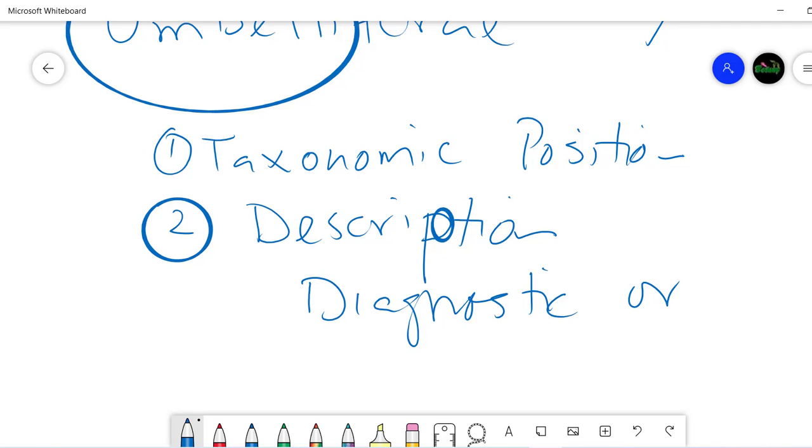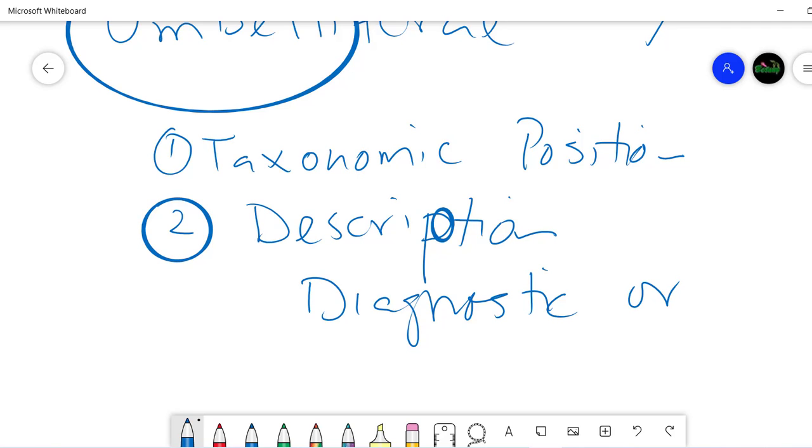And one thing is that whenever you are going to describe a family, you have to go through its description point by point, character by character, and try to describe that character yourself. For example, if we are going through leaf and simple leaf or compound leaf, and we are discussing the various forms of compound leaf, or many other characters of leaf like its shape or its margin or its apex or base and so forth.